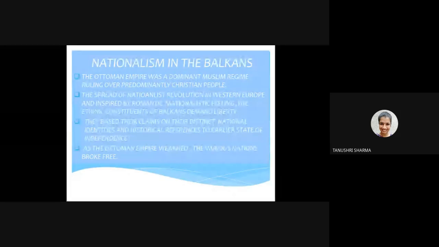The Ottoman Empire was a dominant Muslim regime ruling over predominantly Christian people. The spread of nationalist revolution in Western Europe was inspired by romantic feeling. The ethnic constituents of the Balkans demanded liberty. They based their claims on their distinct national identities and historical references to earlier states of independence.